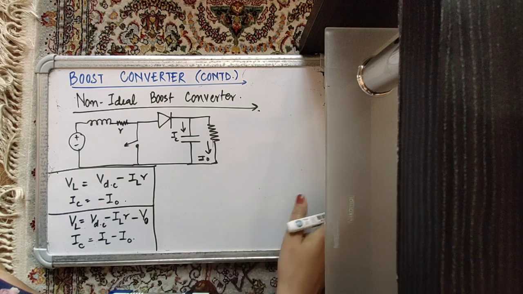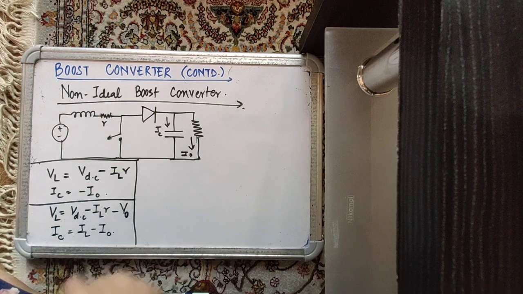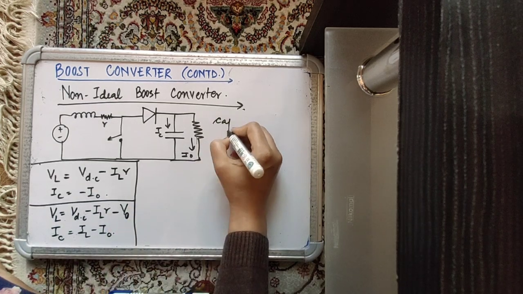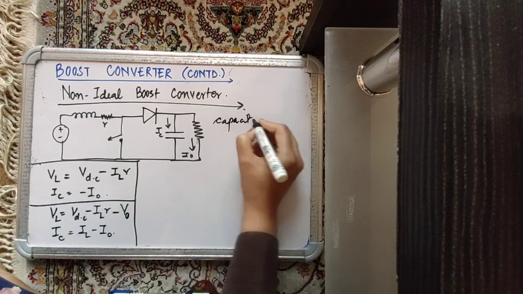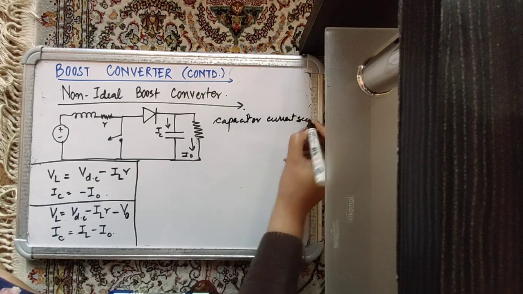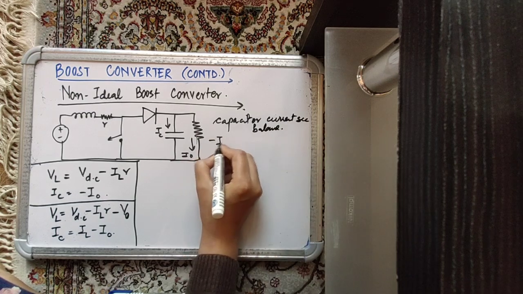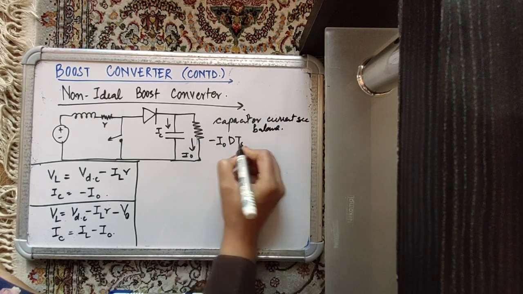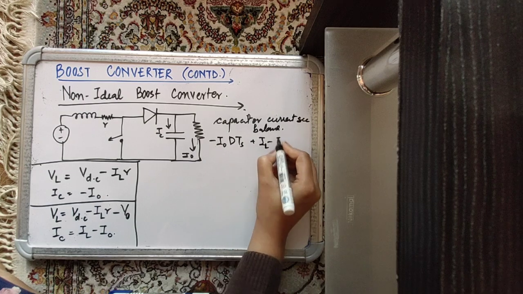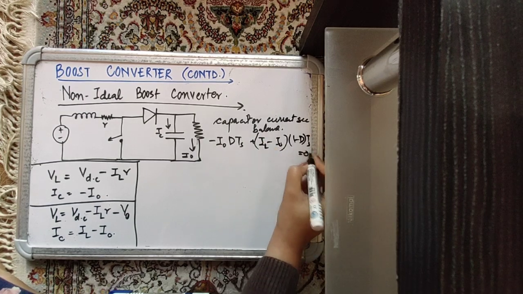To simplify this, first we apply the capacitor current second balance. That is minus I0 DTs plus IL minus I0 into (1 minus D) Ts is equal to 0.